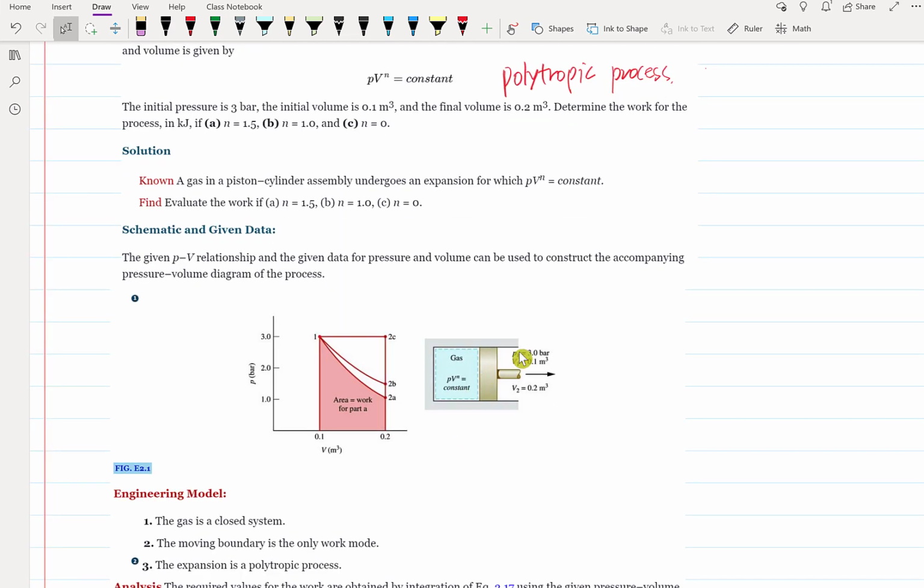The initial pressure and volume are given, and V2, the final volume, is also given. So we plot a PV curve. P1 is 3 bar and V1 is 0.1 cubic meter, and at state 2 the volume is 0.2 cubic meter, and the pressure at state 2 is unknown.